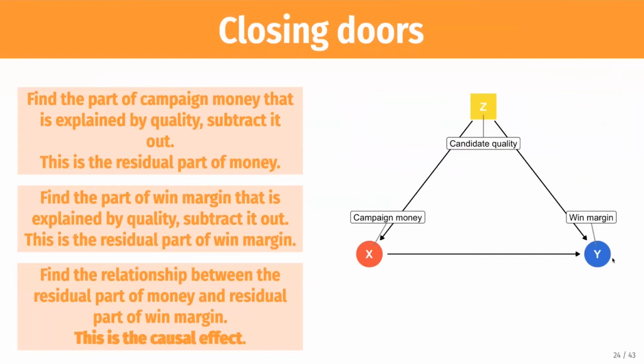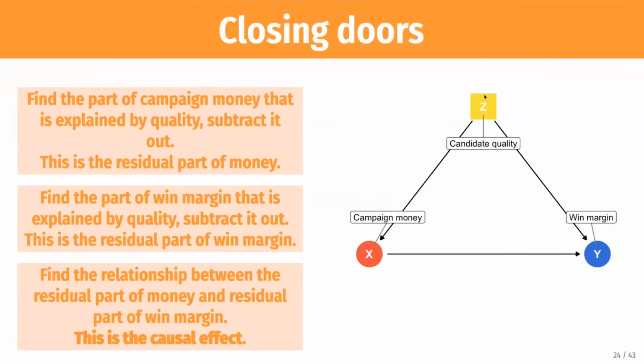If we erase that from both X and Y, then all we're left with is the part of win margin that is explained by campaign money, and that's our causal effect. While that sounds kind of tricky, finding the residual part of campaign money and win margin is what regression is. When you control for something, you're taking the effect of that thing out of the other variables. That's essentially what regression is here.